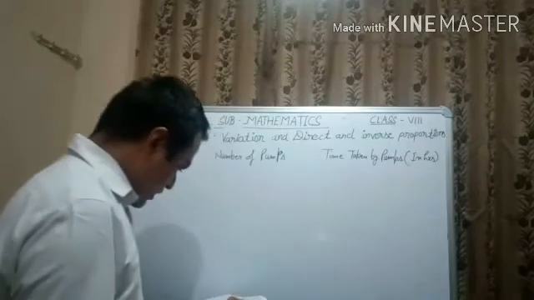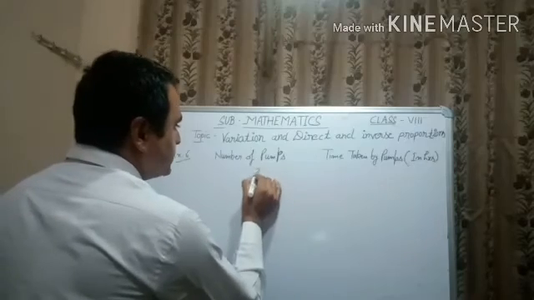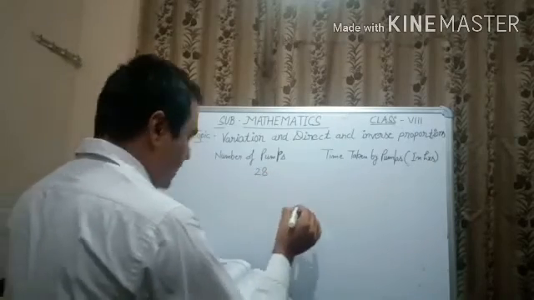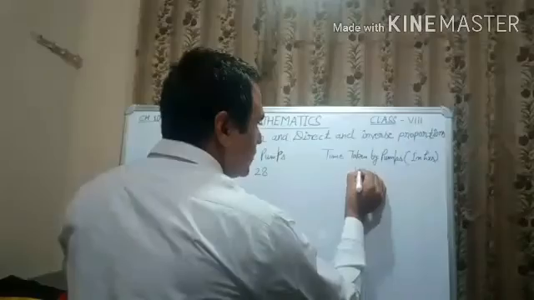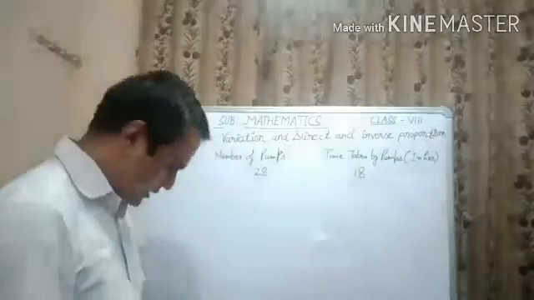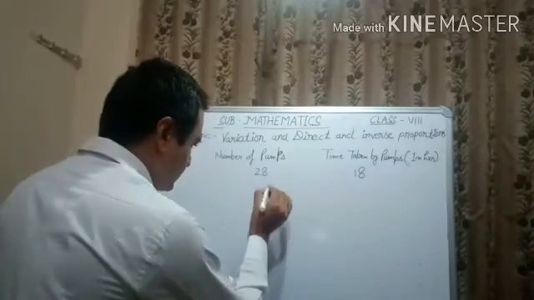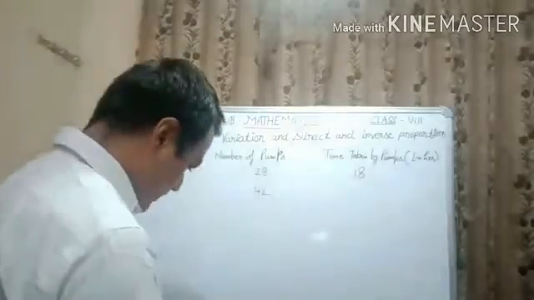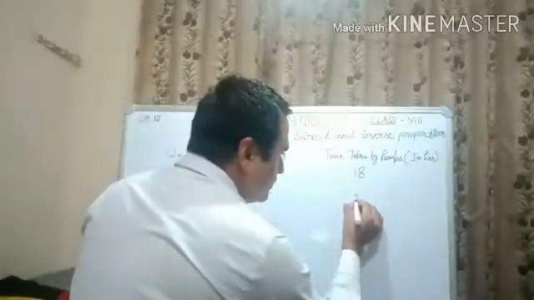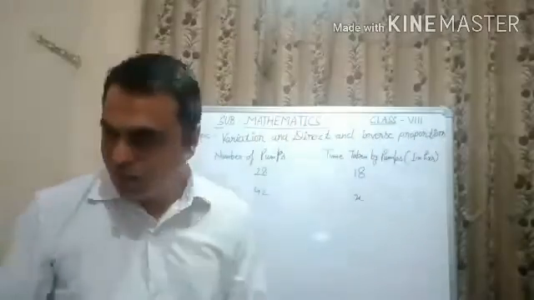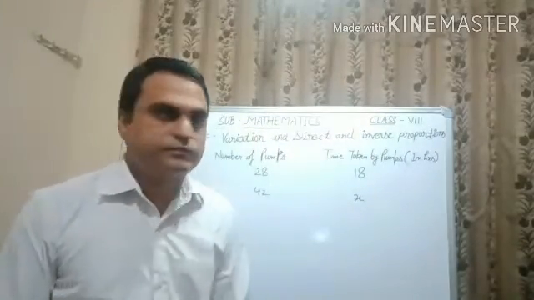Okay, 28 pumps can empty the reservoir in 18 hours. If we take 42 pumps in the place of 28, in how many hours do we empty the reservoir?